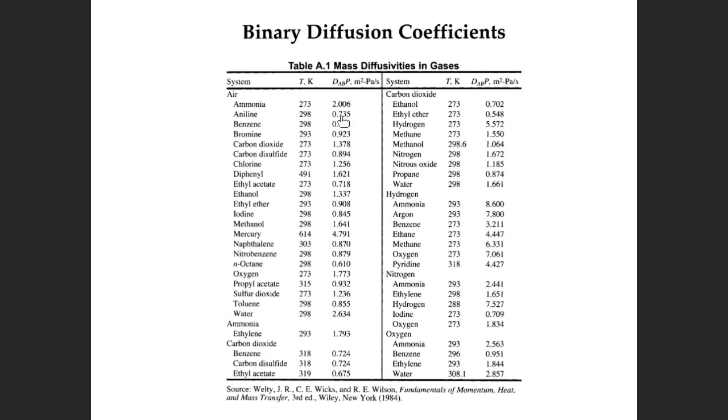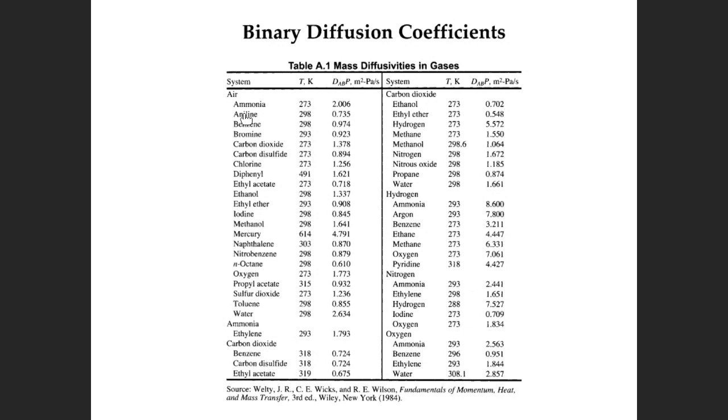First of all, you see in the D there is A and B. So which one is A and which one is B here for air ammonia? I suppose A is for air. Or said which option? Solute and solvent. All right. So A is for ammonia and B is for air.